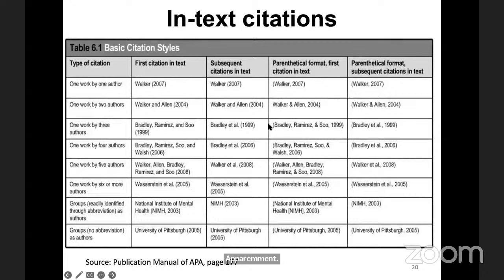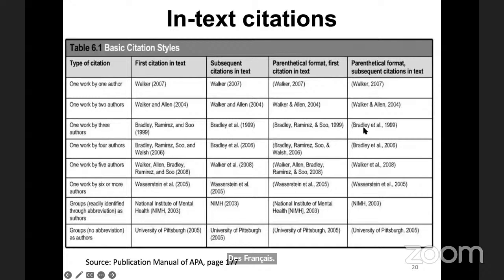All right. So if you have 3 authors, in this case, for the first time, you need to write it this way. But for the second time, you need to use the word et al. And for the parenthetical format, for the first time, you can write it this way. You see the differences here, the word is like this, but here is a symbolic word.